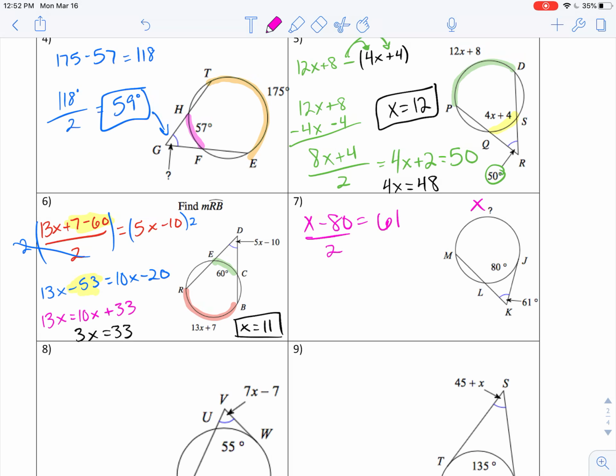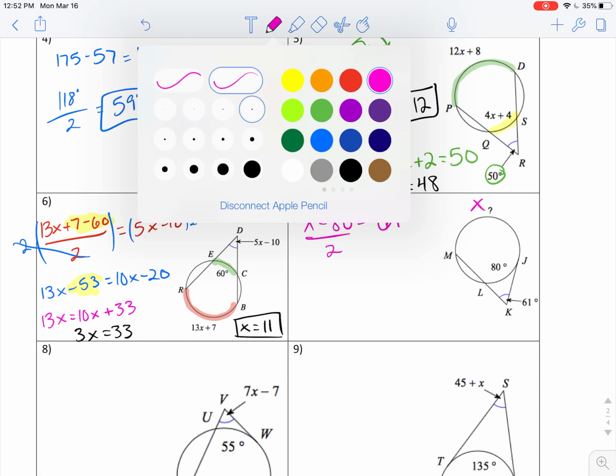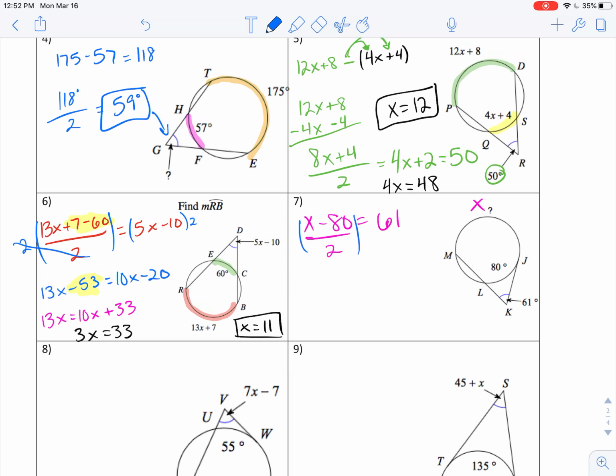And just like in number 6, how do I get rid of dividing by 2? I can multiply by 2 on both sides. 2's cancel. X minus 80 equals 122. X equals 202 degrees.